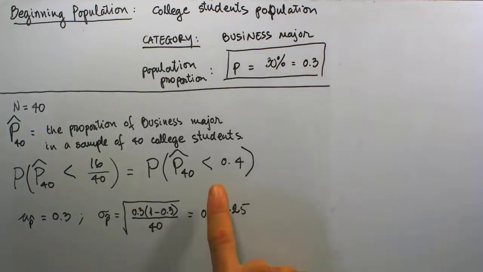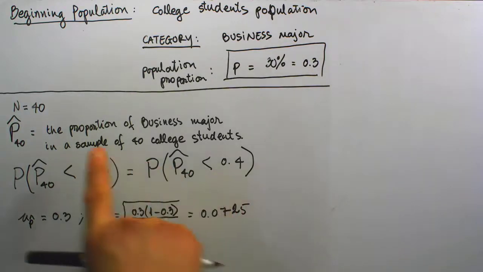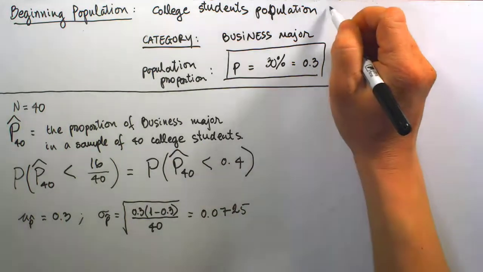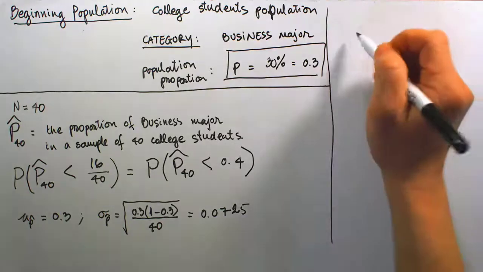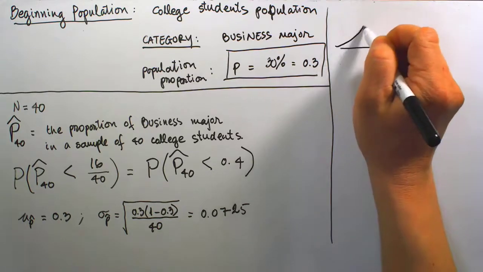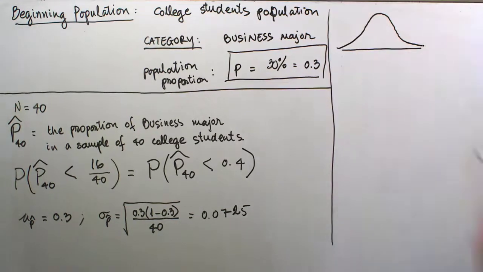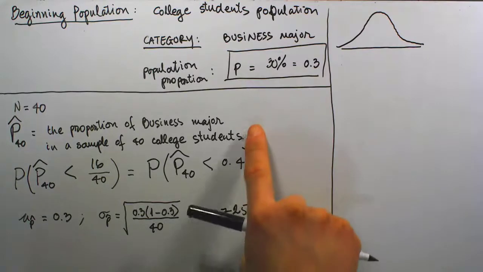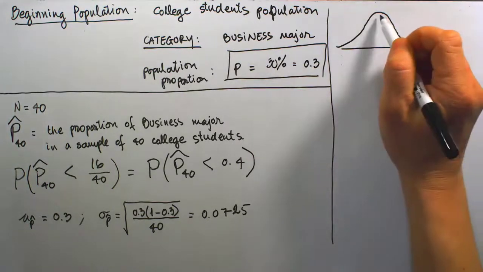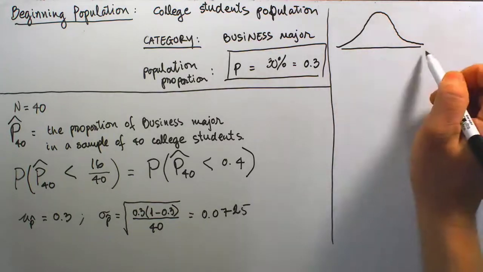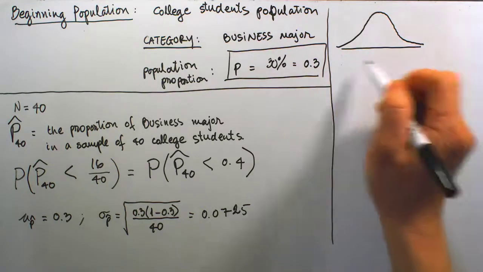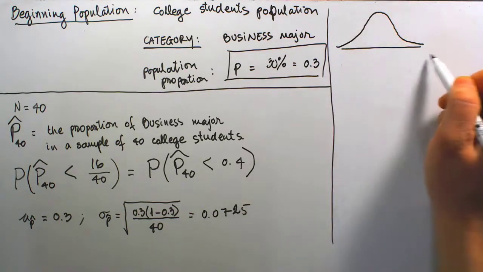But let's pretend that we put the entire population of data here on a bell curve. Or we can say that, assuming that our data here can be placed on a bell curve, our population of all sample proportion values can be placed on a bell curve. Left and right on this line indicates low values to high values, low sample proportion values to high sample proportion values.